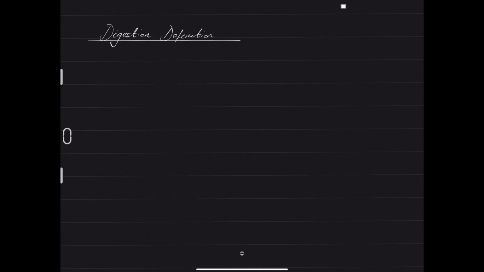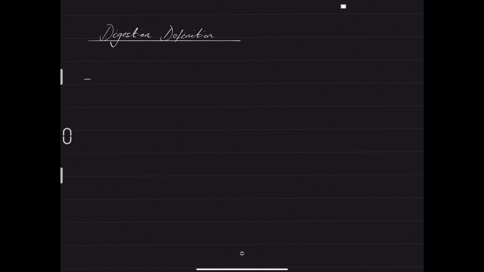Let us now define digestion. Digestion is simply the breakdown of food from large molecules to small molecules. Before we put a sentence down, let's put a few points explaining what digestion is.